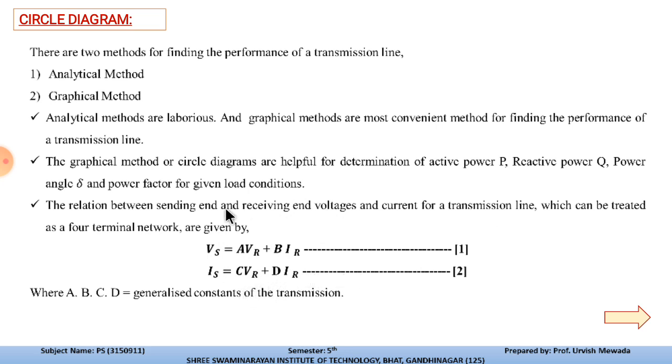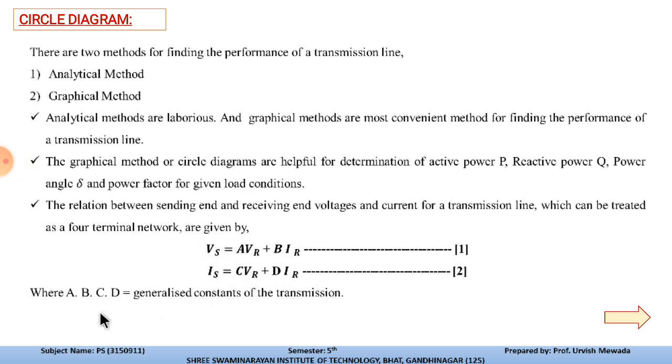So these are the equations that we derived through the ABCD parameters, that is, the transmission line parameters, for the sending end voltage and the sending end current.